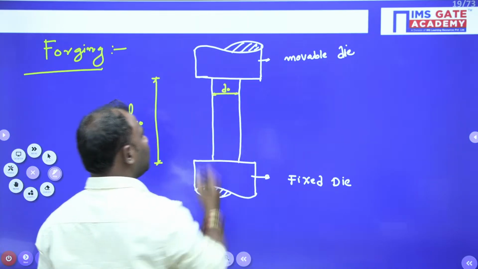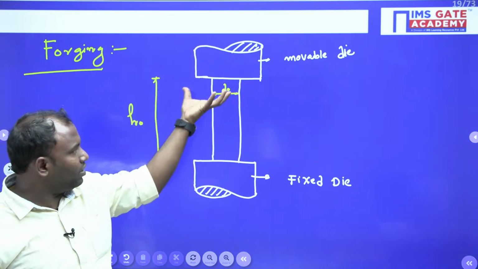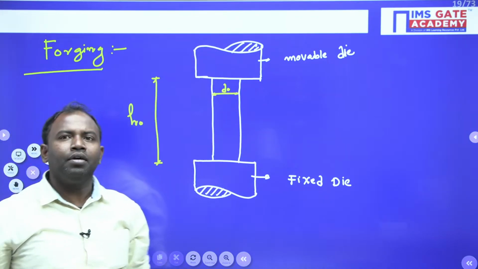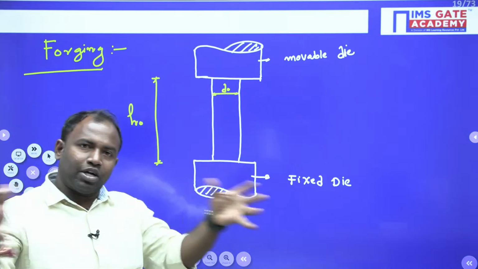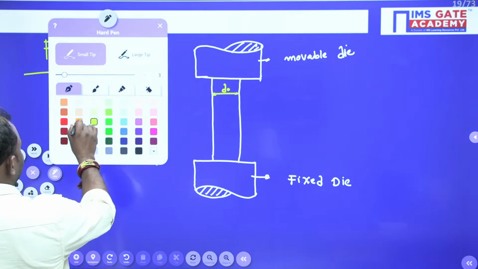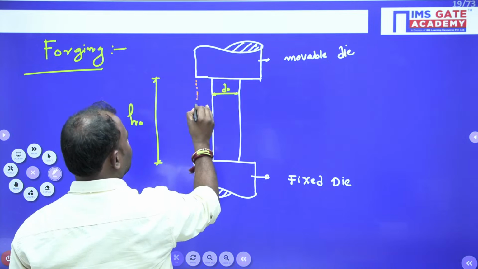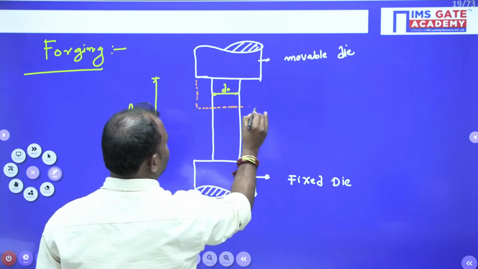d0. Now whenever I allow the movable die to come down, the workpiece material is going to be plastically deformed and its diameter is going to increase. Let me suppose my movable die reached up to here.